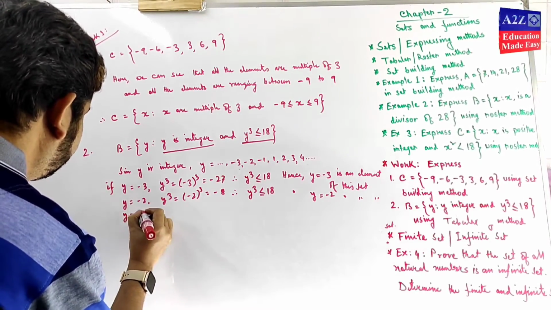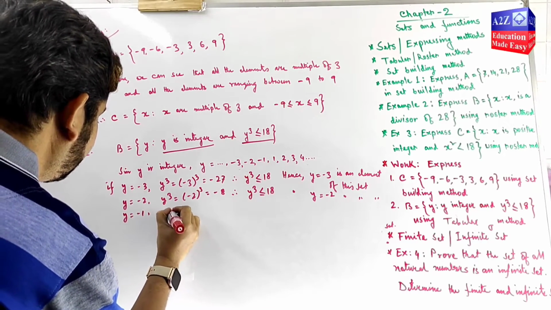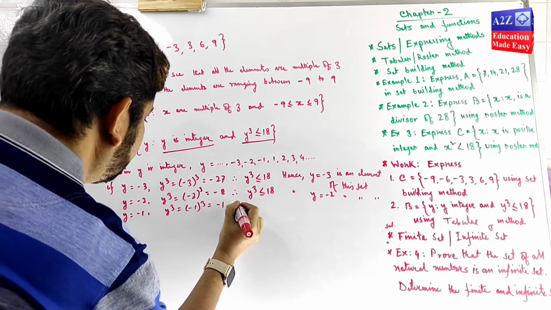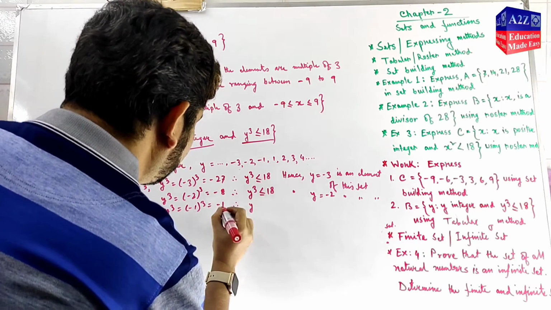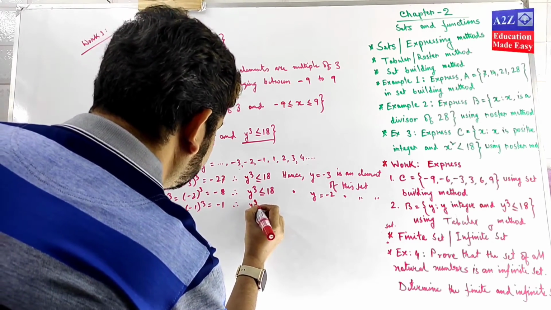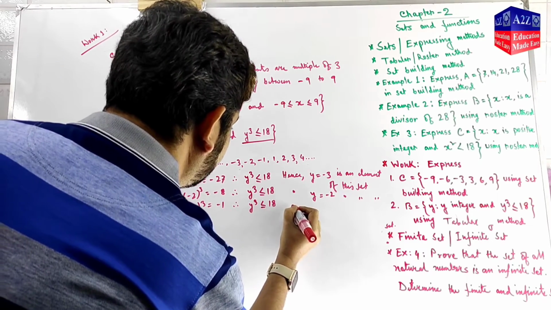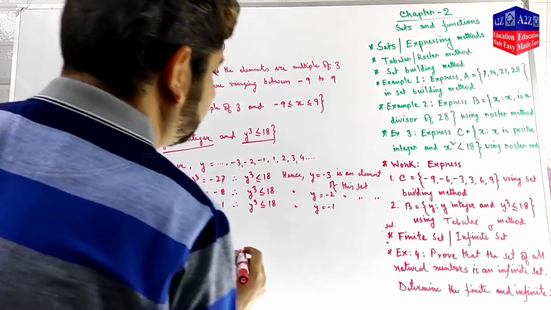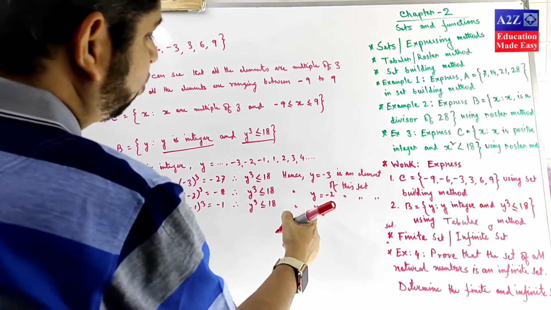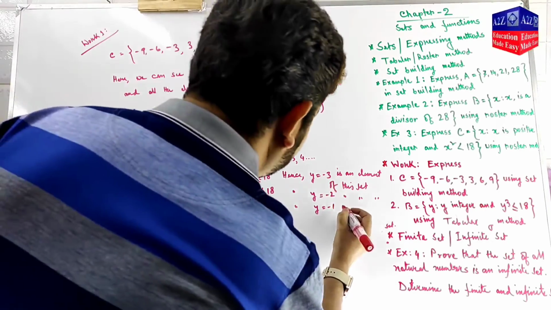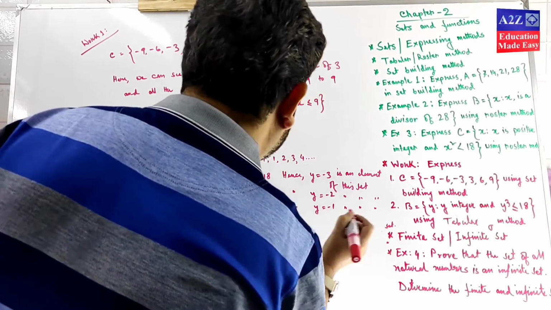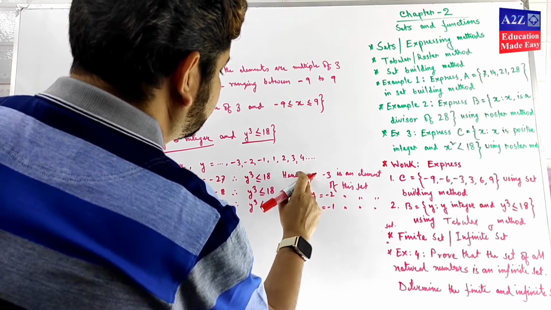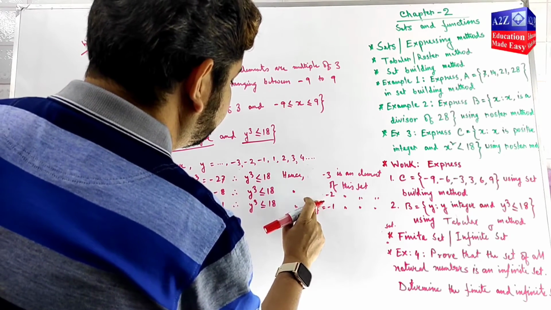If Y equals -1, then Y cube equals -1. Therefore Y cube, -1, is also less than 18. Hence -1, -2 or -3 is an element of this set. You can write it like this.